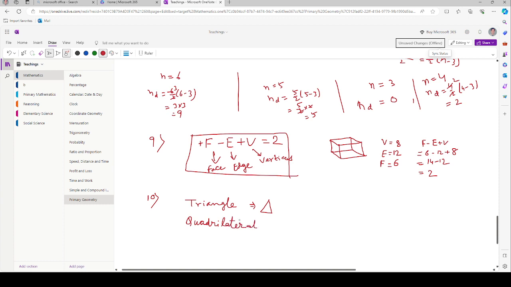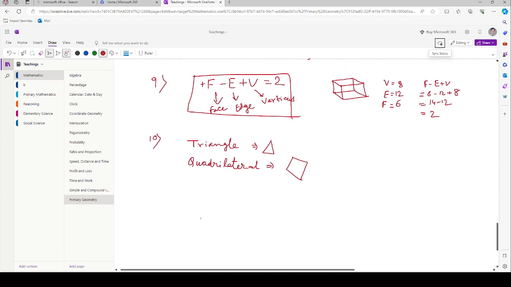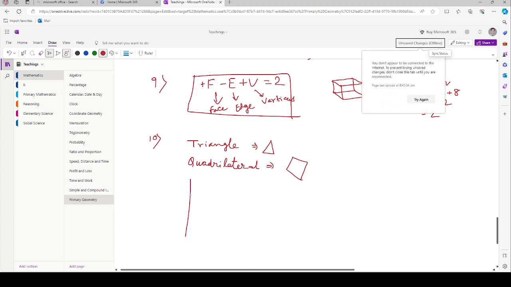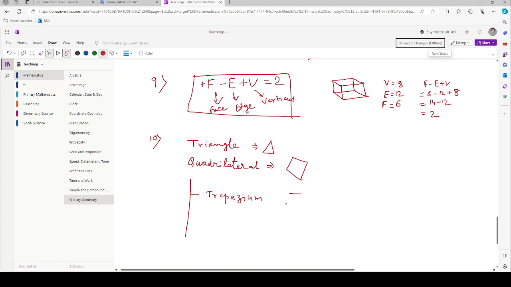Quadrilateral has 4 sides. When two sides of a quadrilateral are parallel, then this is known as trapezium. Two sides are parallel. This figure is known as trapezium.